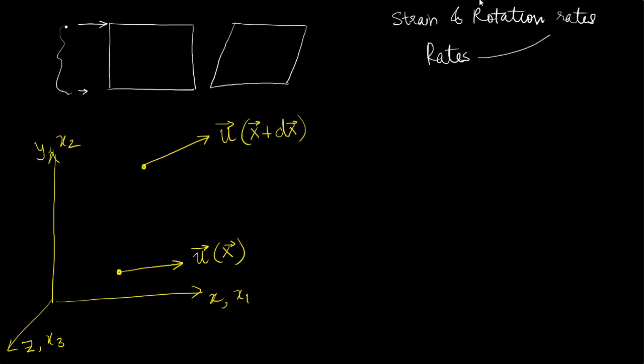Let us now decompose and write down this particular velocity in terms of this. So the velocity has three components: u, v, w.